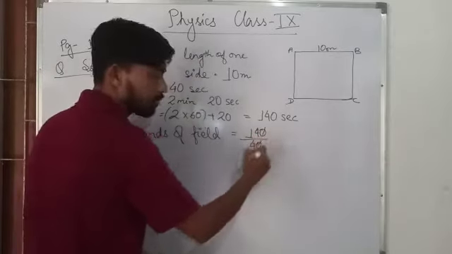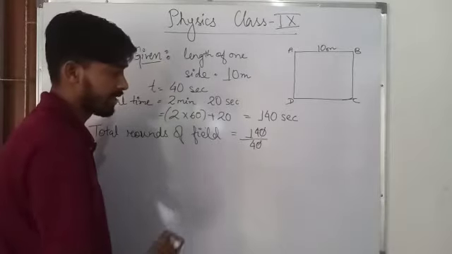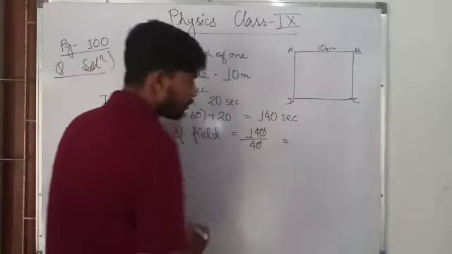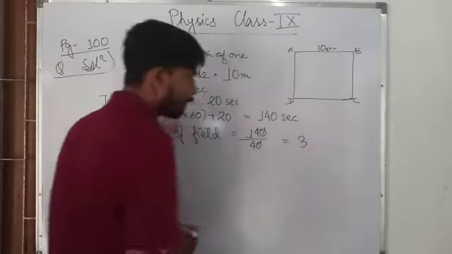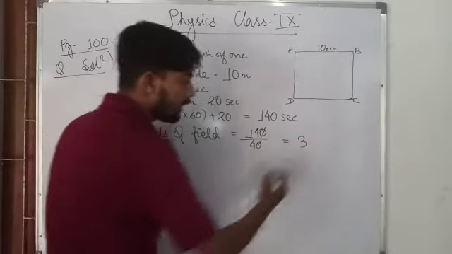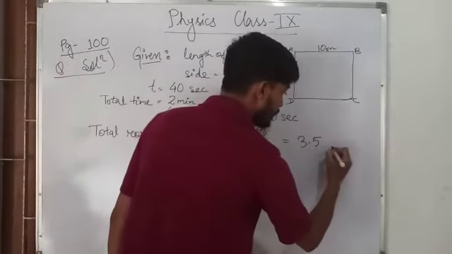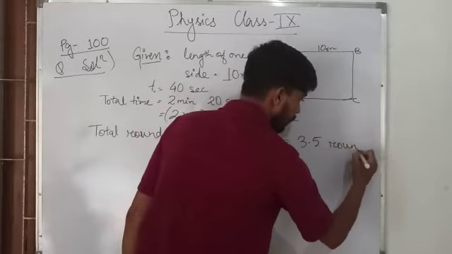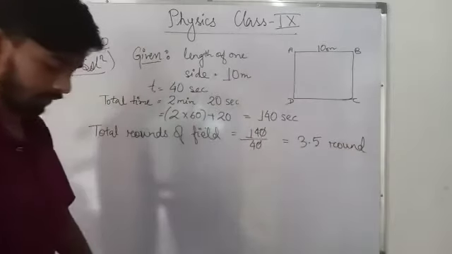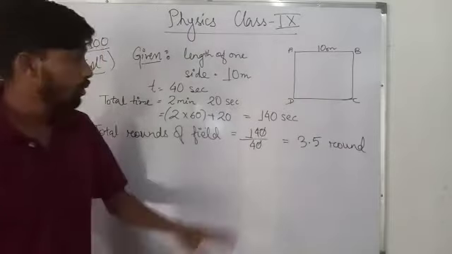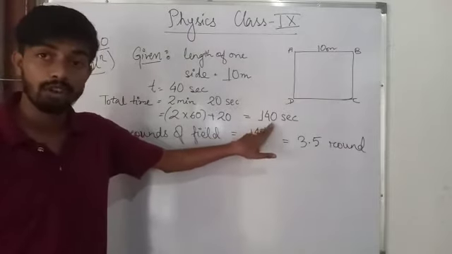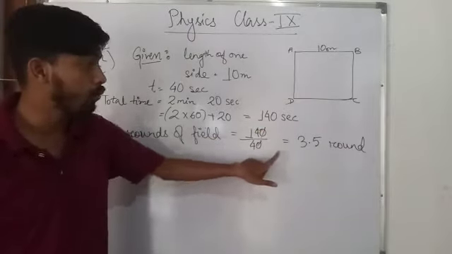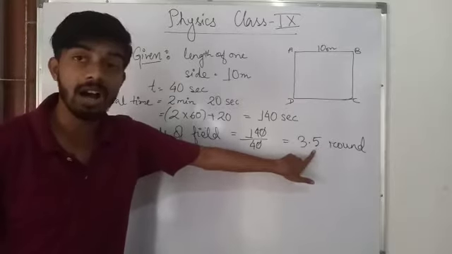So we can cancel out the zeros and we'll do basic division. So 4 3s are 12 and 20, 4 5s are 20. So in total 140 seconds, the farmer will move 3.5 rounds.